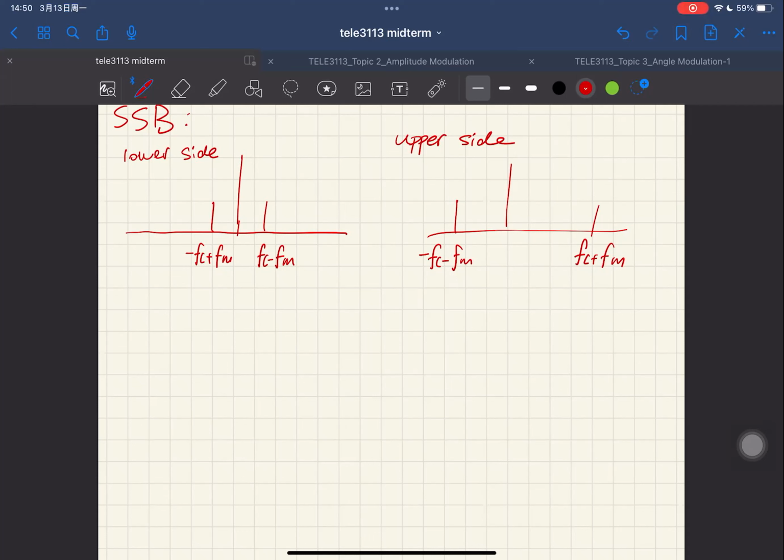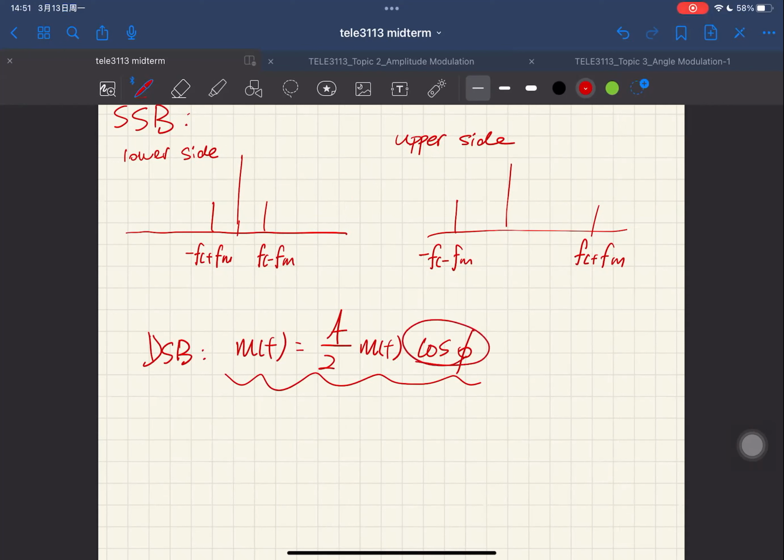While for the DSB, your message signal is like half A times m(t) times cos phi. So this is your DSB demodulated signal. You can see there's a cos phi term there. This cos phi term is gonna strongly affect the amplitude of the message signal, right?